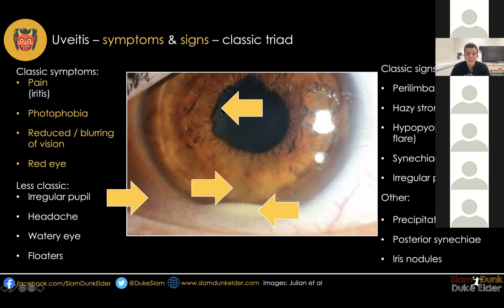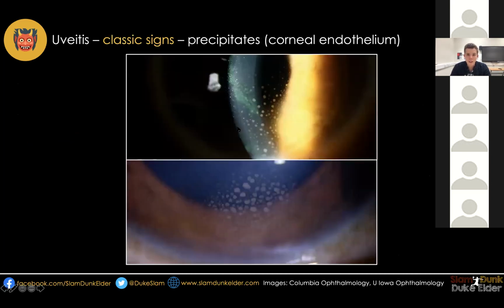And they stick to the anterior capsule of the lens, which is just behind the iris, okay? The lens itself has a clear membrane around it, and the iris sticks to elements of that membrane. And that's called synechiae. So, some classical signs that you need to know for uveitis, okay?